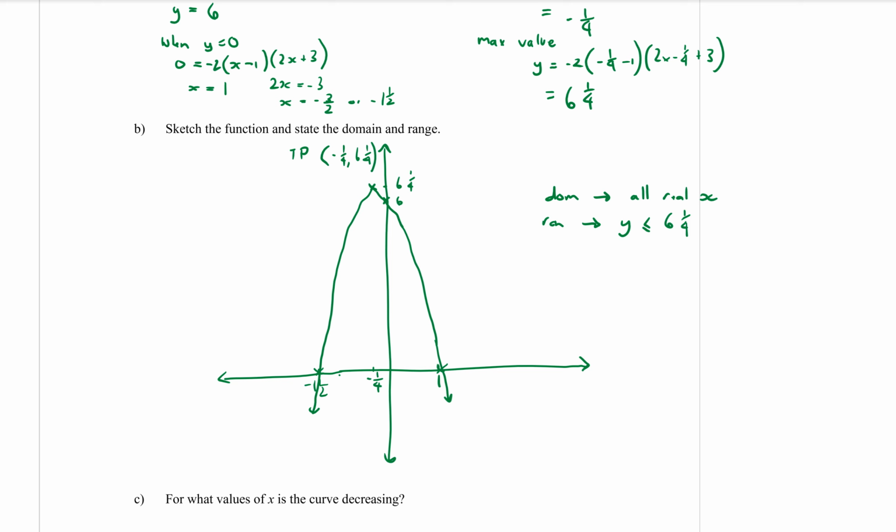All right, part C. For what values is the curve decreasing? So as I'm coming across here, this part of the curve is going up. That is increasing, to my stationary point. And then when I get to here, I'm now decreasing. So I want the x value, when x is greater than negative a quarter.